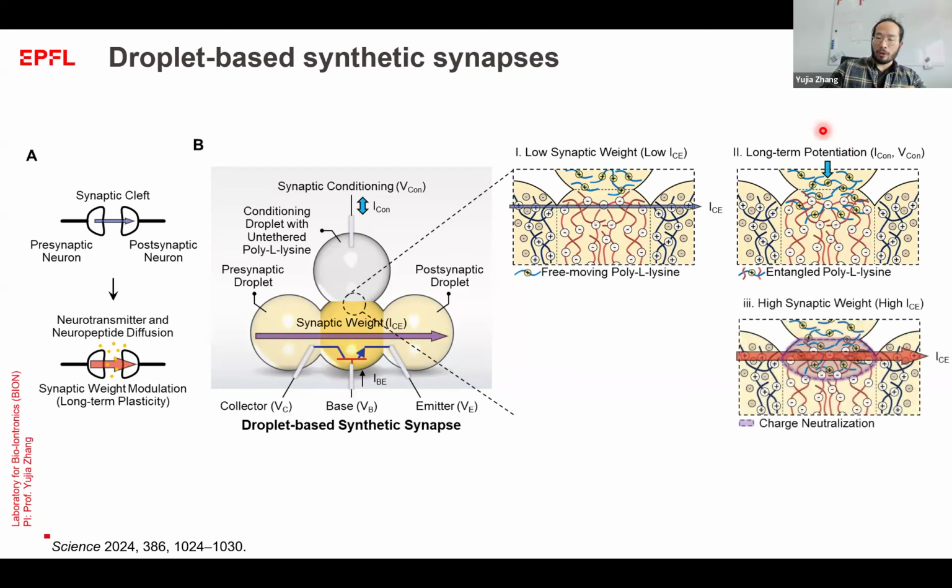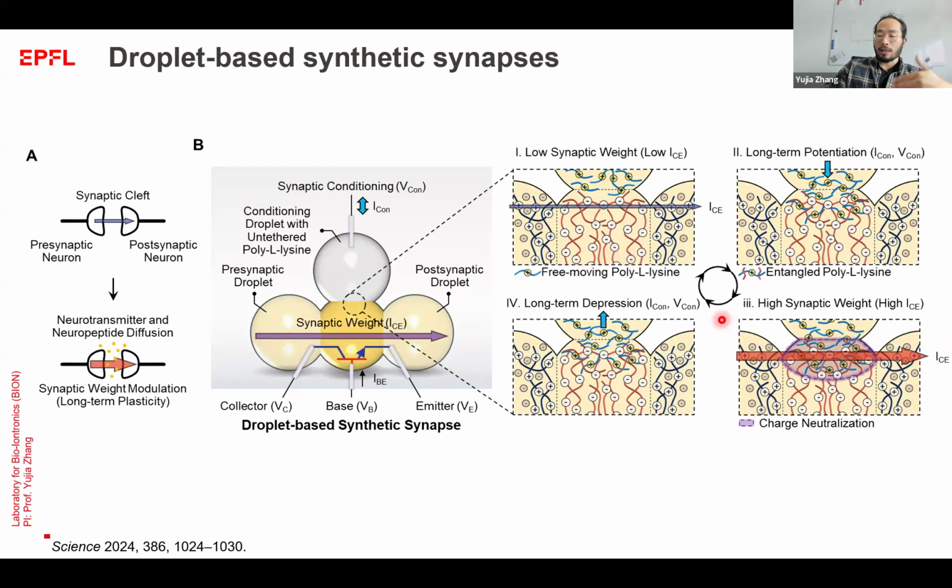Because of the reverse charge they have, polylysine is slightly positively charged, and the middle droplet contains negatively charged hydrogel. Those two molecules will neutralize each other, and therefore create this highly conductive area. Ions can freely move through this area, and therefore we have high conduction.